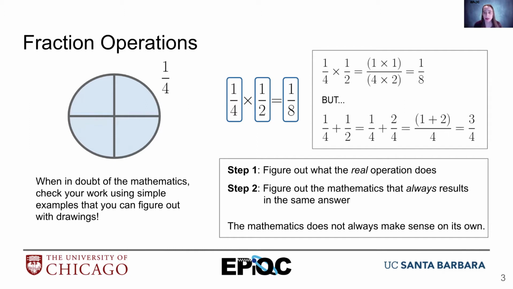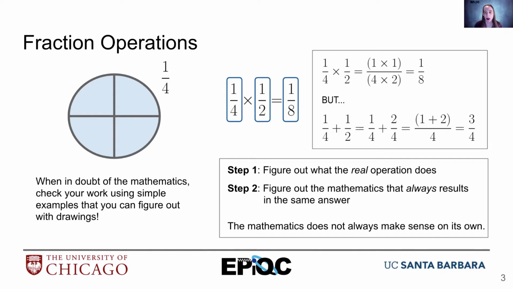And furthermore, why is it that for multiplying, we multiply both the numerator and denominator, but if we are adding, we have to first make the denominators the same, and then we add only the numerators? If we don't have an understanding of how this works as a whole, then it just doesn't make sense.